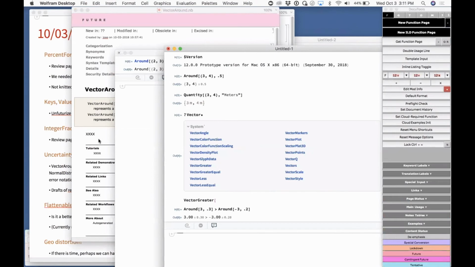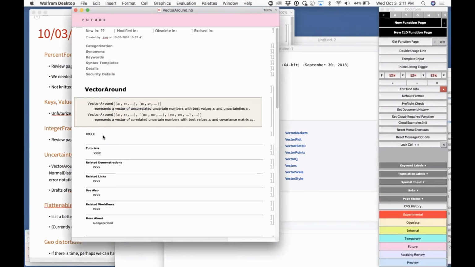Okay, let's look at vector around, though. So I'm kind of warming to this idea of calling it vector, especially if you don't think you're going to be able to do higher ranked tensors. No, I've never seen that done. If you say x1, x2, and then there's a single uncertainty there, it will apply to all of them, presumably. Yes.